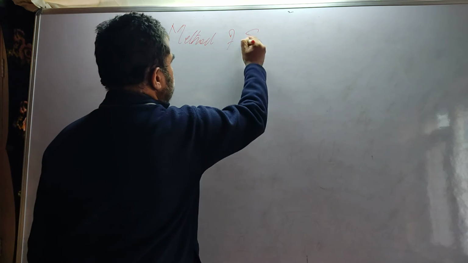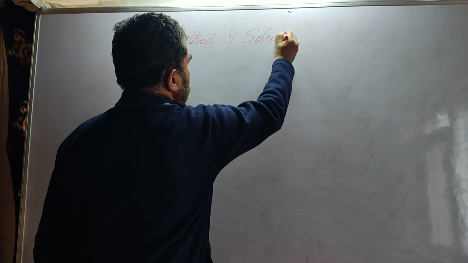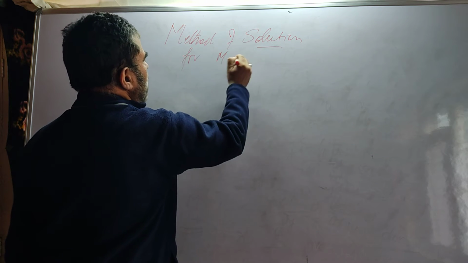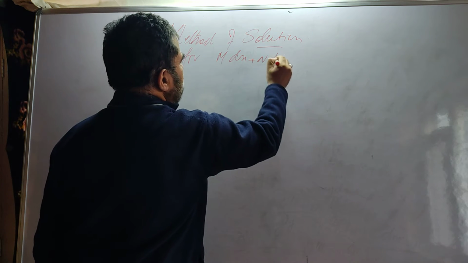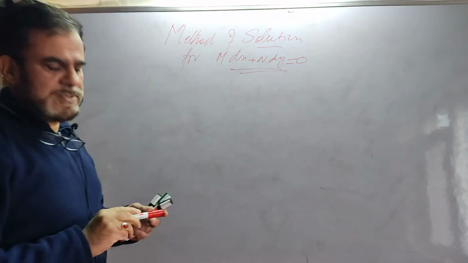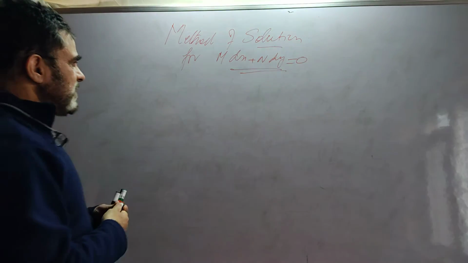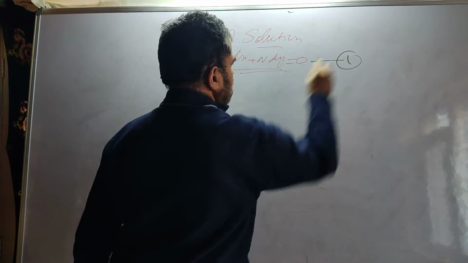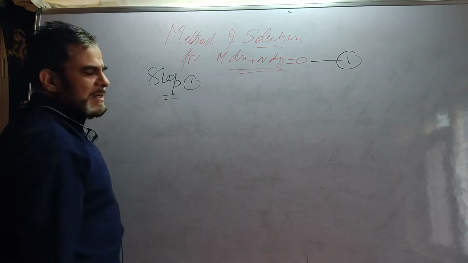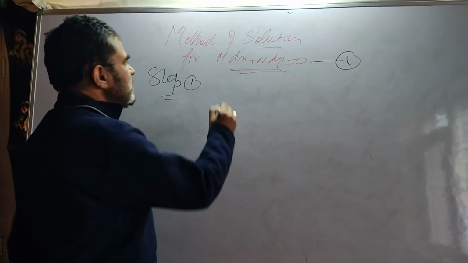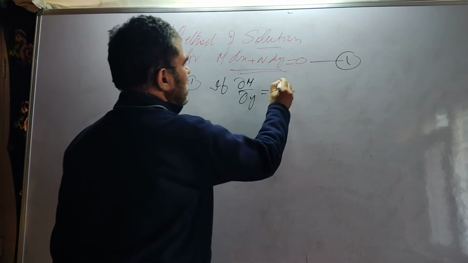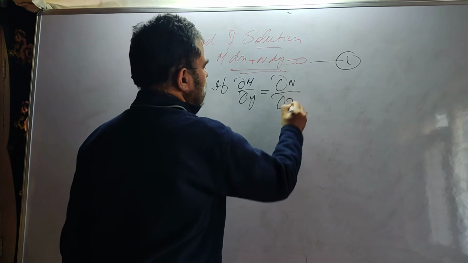Method of solution for M dx plus N dy equals 0. How do we solve this, how do we write the solution? Step number 1: this is equation number 1. First you have to check whether partial of M with respect to y is partial of N with respect to x.